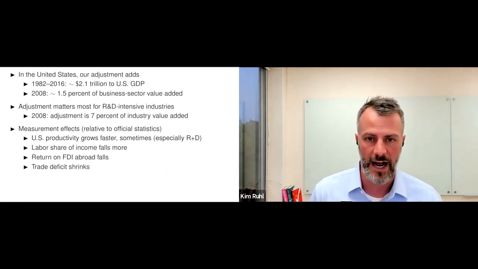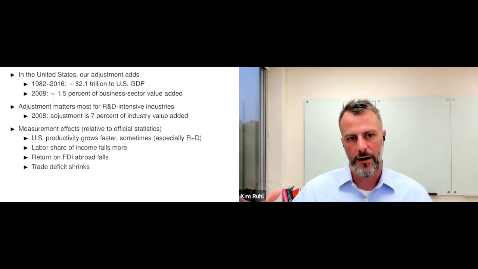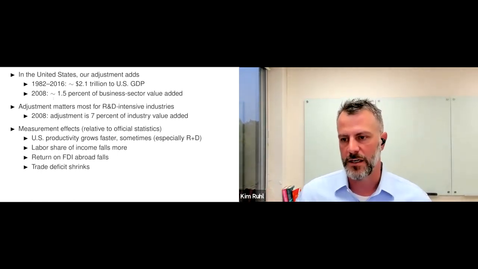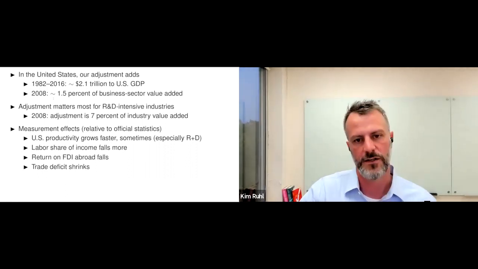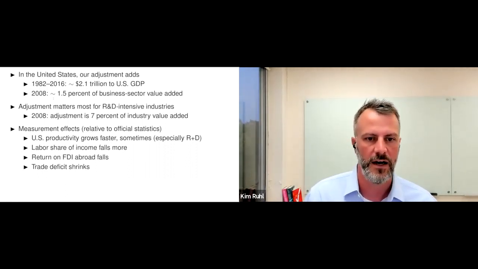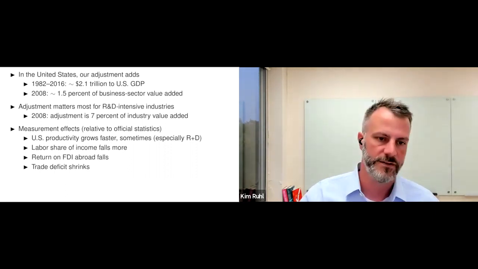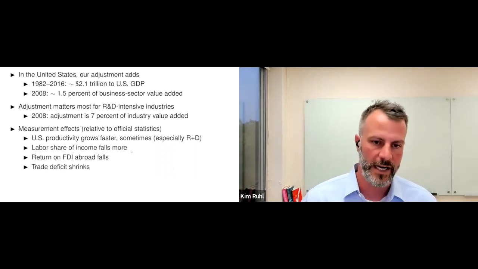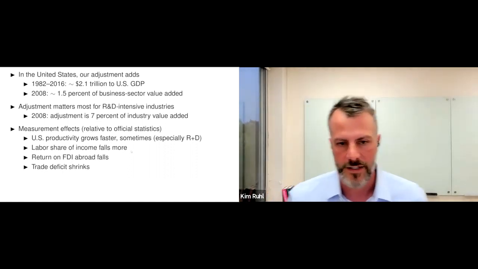It's at about 1.5% of business sector value added. But most of that is happening in just a handful of industries, and we find that they tend to be the industries that are R&D intensive, and that this adjustment for these firms can be as much as 7% of industry value added.